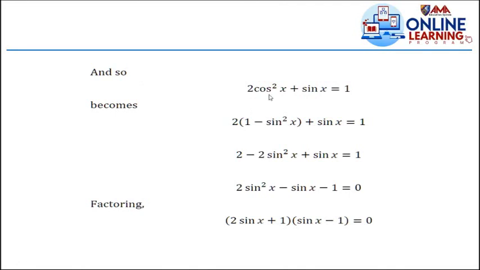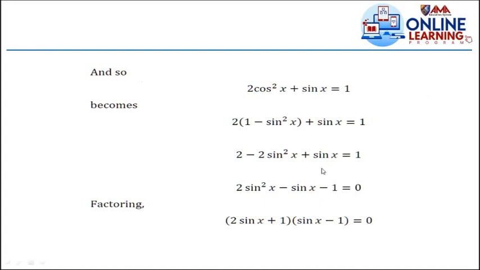Here is its value. Then, plus sine x is equal to 1. So we have 2 times 1, minus 2 times sine squared x, plus sine x is equal to 1. Simplify it further: 2 sine squared x minus sine x minus 1 is equal to 0.